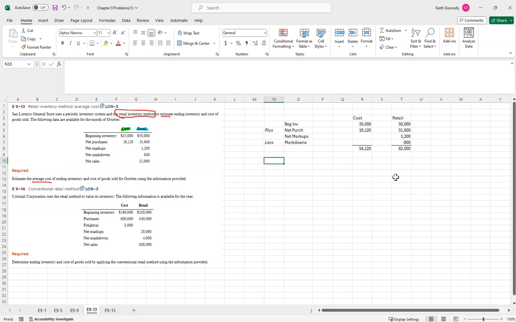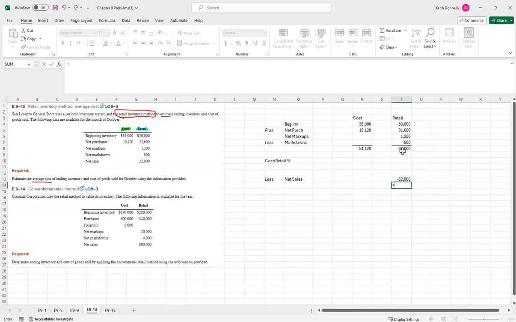I'm going to put in here the cost to retail percentage. We'll come back to that because I want to do that separately. One of the things we have to back out from this is less net sales, one of the puzzle pieces we haven't used yet. I'm just going to put that in as a negative.